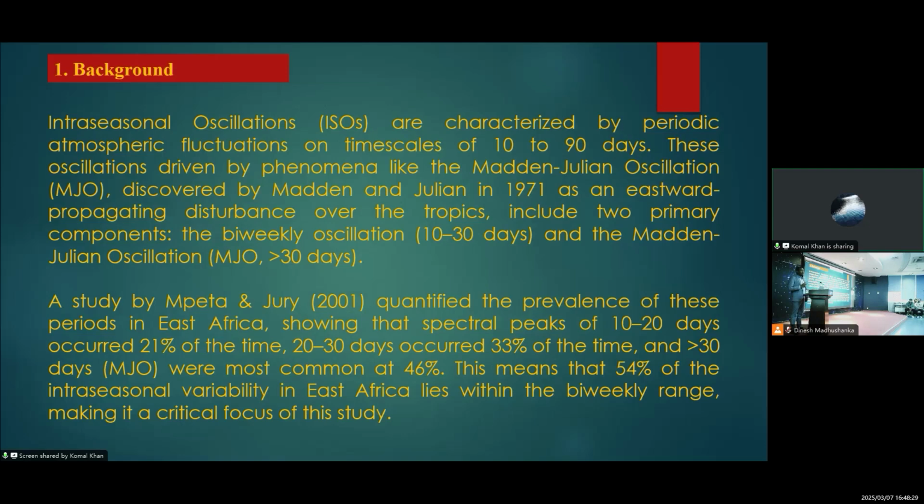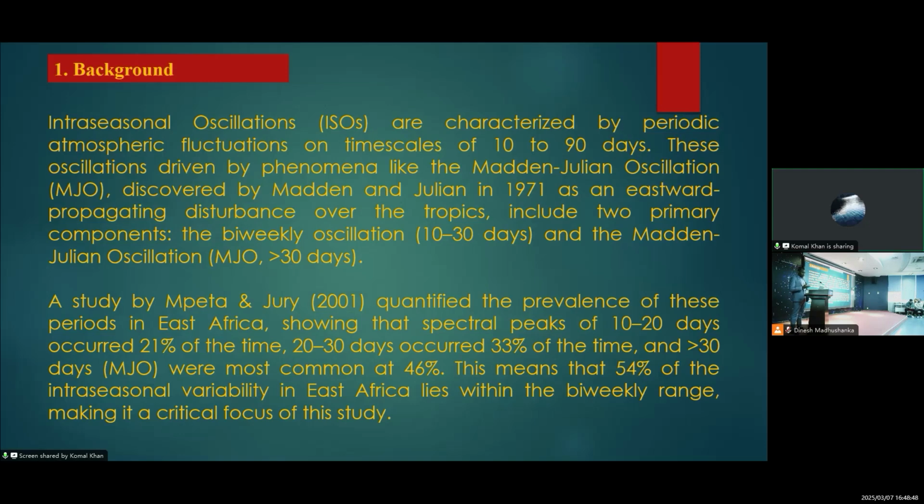Previously, it was believed that MJO is the ISO, and ISO is the MJO. But later, it was discovered that there are different periods, different time scales of these oscillations.